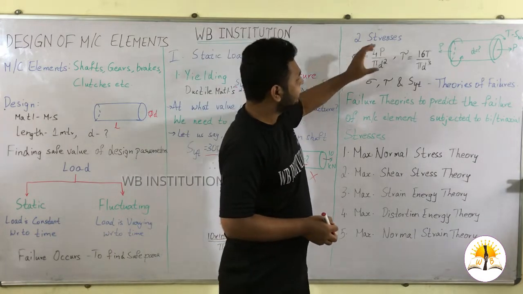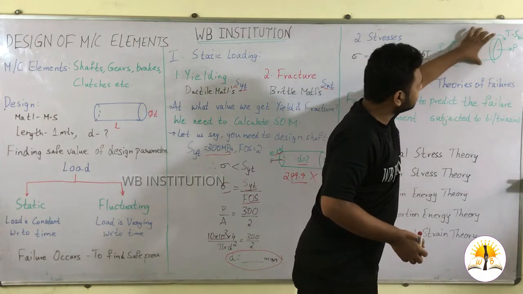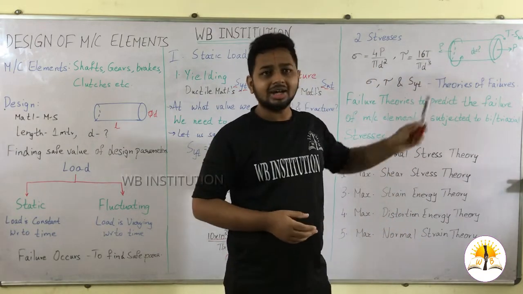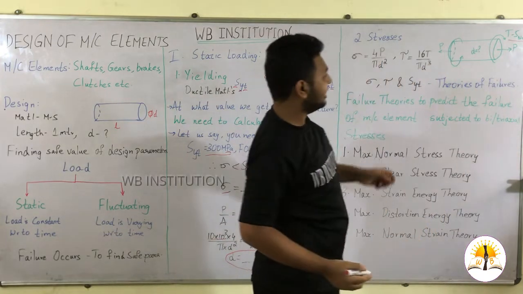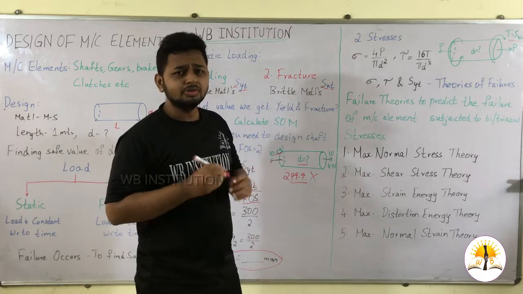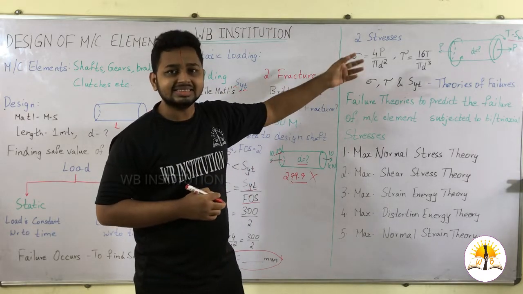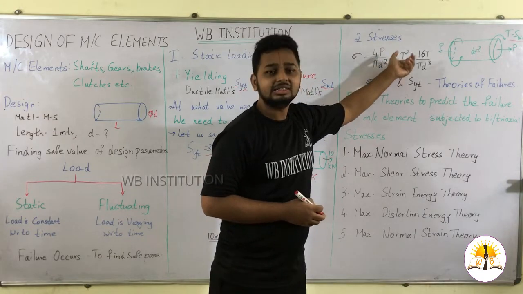Let us consider the same component with a twisting moment. Torque is given at this point, that is 5 Newton meter on the shaft. For this, two stresses are generated in the body: one is normal stress and the other is shear stress.